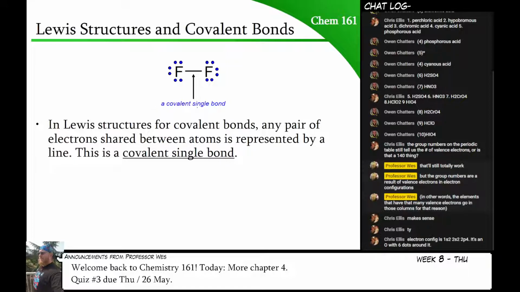But each time we have a bond, we're going to count that as two shared electrons. So the number of electrons around each of these fluorine atoms would be considered to be 8. And if we were looking at their orbitals, we would say, oh, okay, their s orbitals and their p orbitals are full.